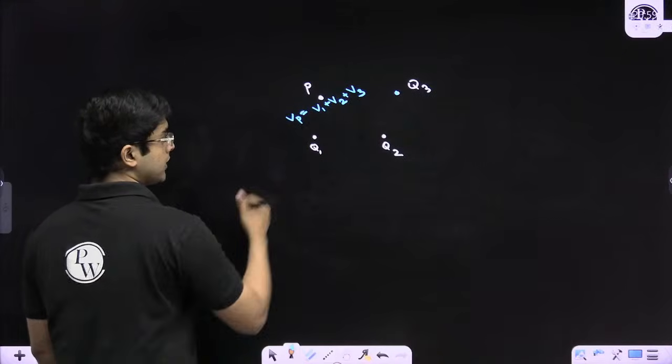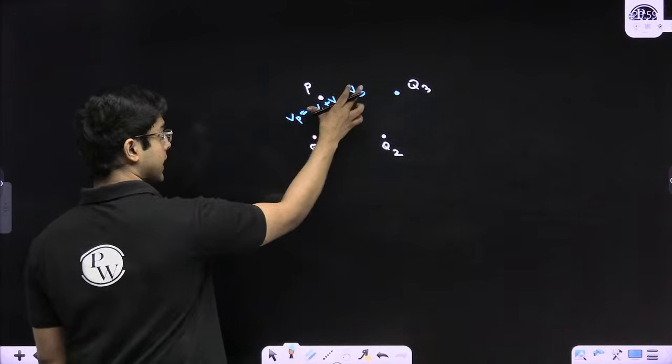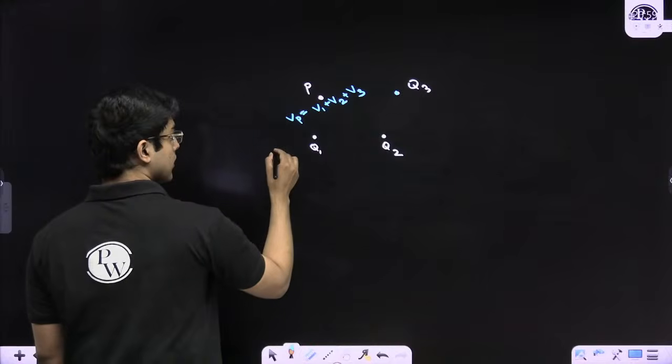For a vector, you will have to do vector sum, but for a scalar, you simply have to add it up.